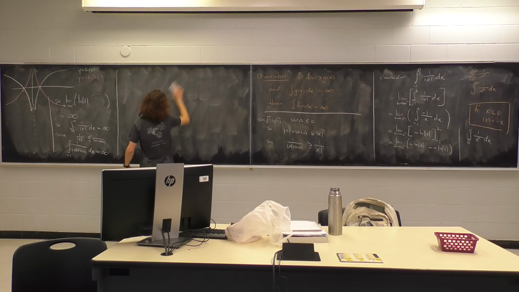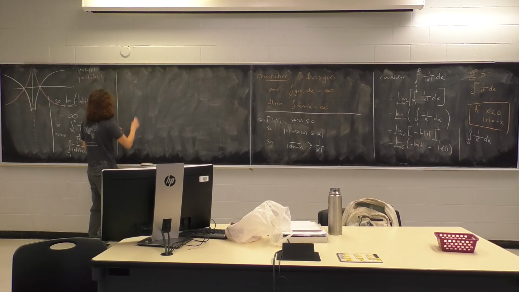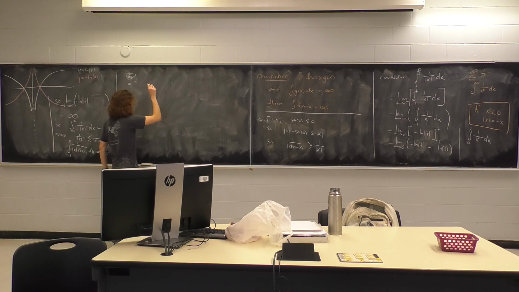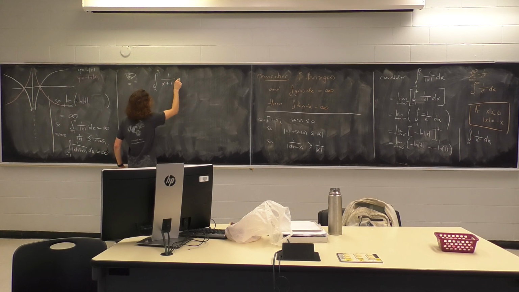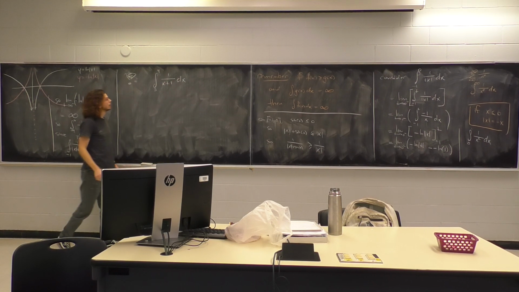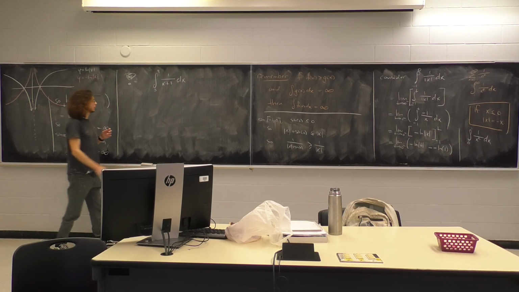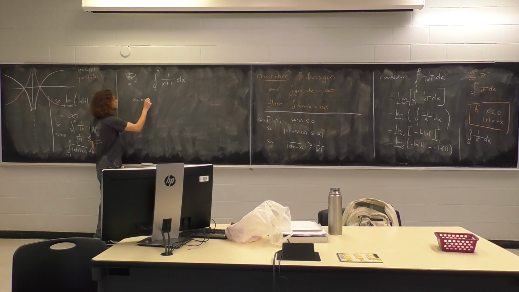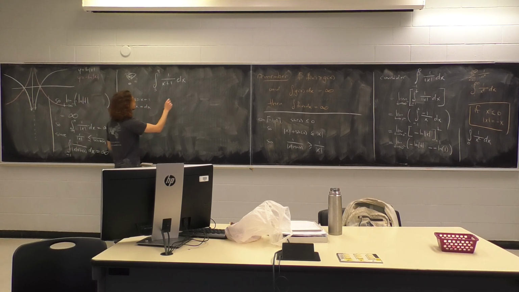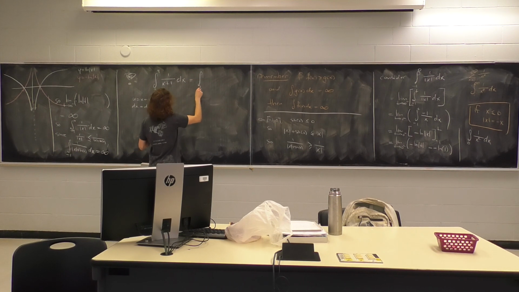Oh yeah, just something I want to say. Please, please, please, if you have a definite integral, like maybe 3 to 4 of something, and you use a u substitution like this, where u would be x plus 1 and dx is du, don't write this.